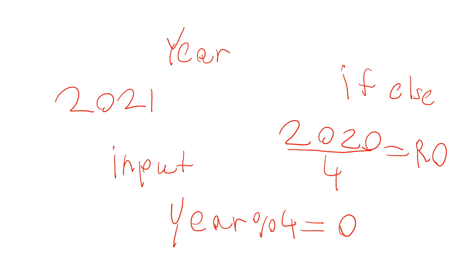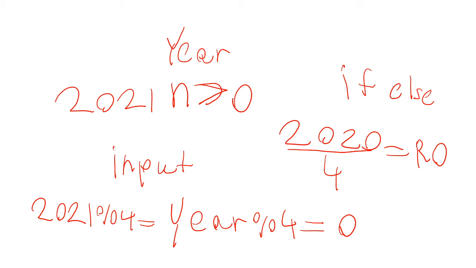If we go back, 2021 modulus 4 is going to be greater than 0, because 2021 is not a multiple of 4.